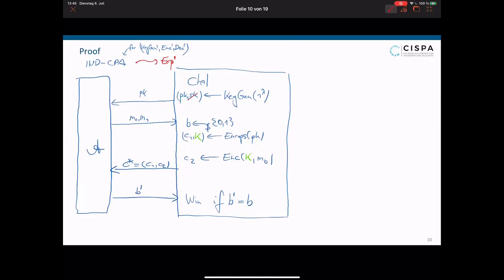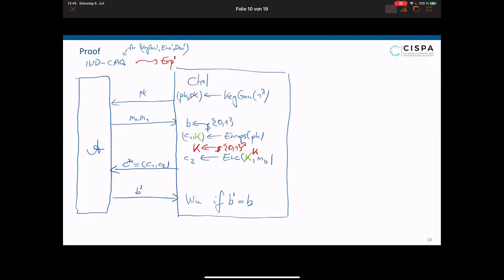Aha. So someone wrote in the chat, replace K with a random key. And that's exactly what we're doing. So instead of using the K that was produced by the Encaps algorithm, we just sample a uniformly random K from {0,1}^lambda and use this key K to encrypt our message MB.